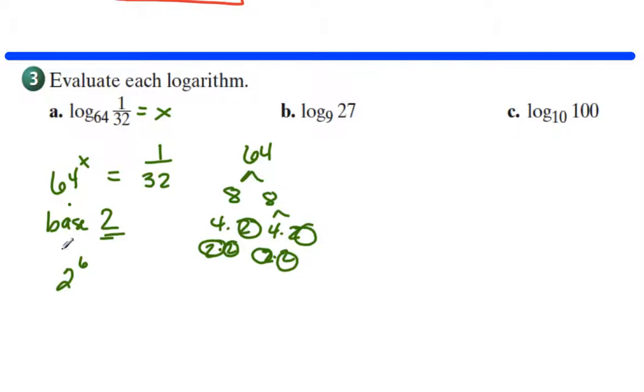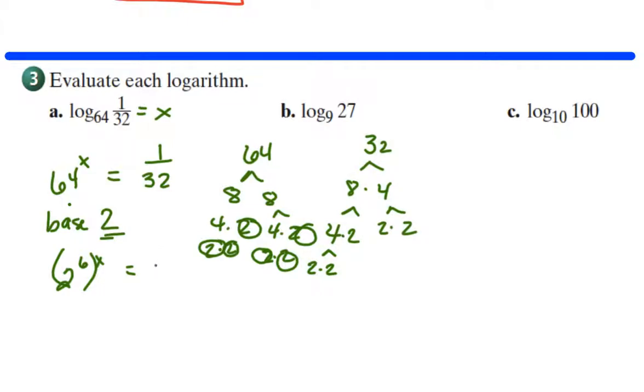power times x equals 32. You know, 32 is 8 times 4, which gives us 4 times 2, which is 2 times 2 times 2 times 2 times 2. So 2 to the 5th power.